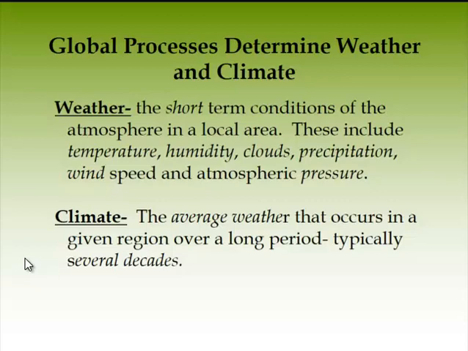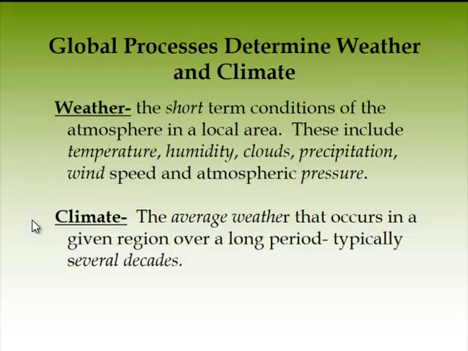AP class is all about getting the college credit, which is all about getting a really high score on the actual AP test. So if you're given a test question about what weather is or comparing weather and climate, the kinds of things that they might ask you are, okay, weather is all of the above except one, and you have to pick which doesn't belong.